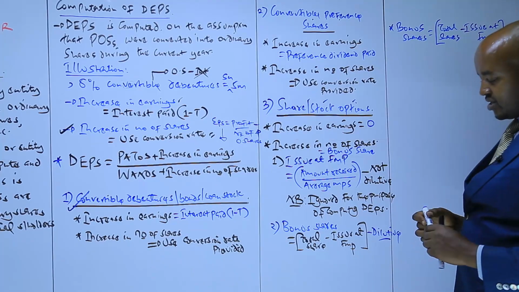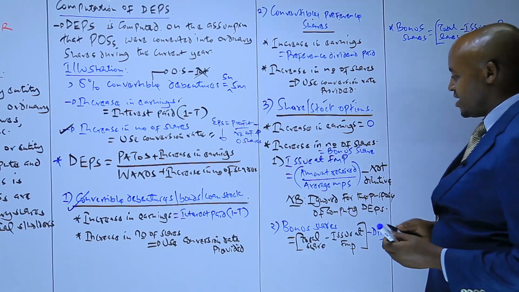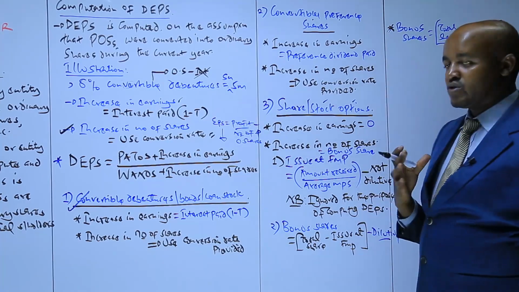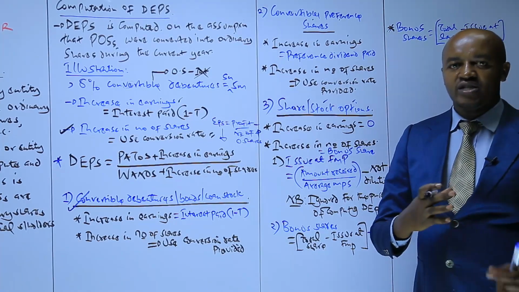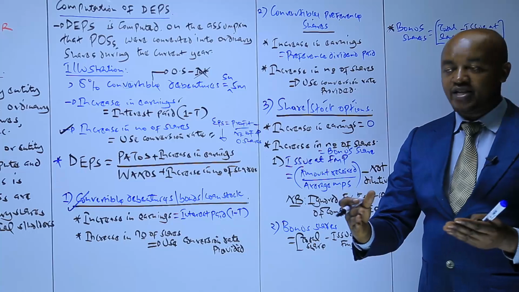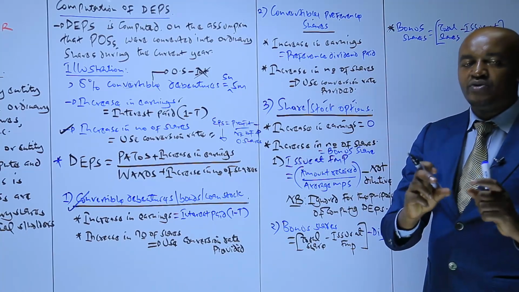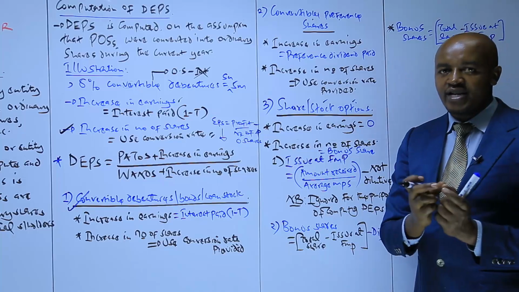And also it is important for me to mention here that this particular bonus shares, we consider them as dilutive. We don't treat them as shares issued free of charge. Here, for the purpose of computing the diluted earnings per share, we treat them as what? As dilutive number of shares.